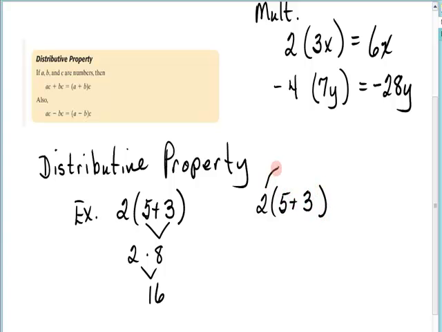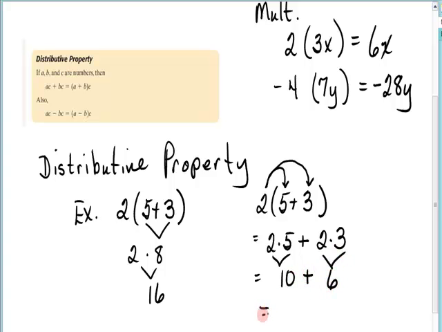The distributive property says if you're supposed to multiply by 2, you can distribute it or hand it out. This is equal to 2 times 5 plus 2 times 3. In other words, 2 times 5 is 10 plus 2 times 3 is 6. That gives me 16.